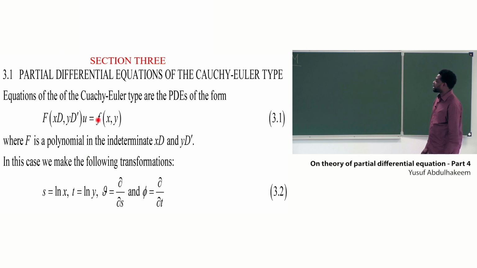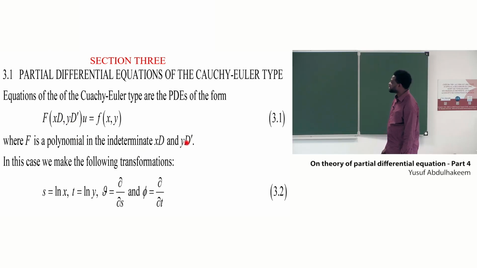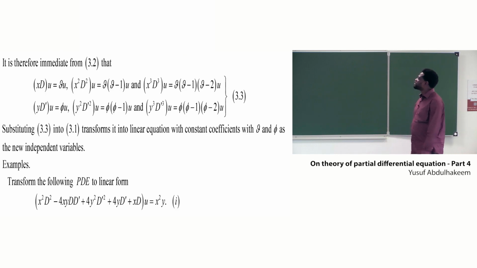You can see that the coefficient of the derivative here is x, and the coefficient of this is y. Once we have this kind of differential equation, we have to introduce some of these transforms that we have in here. We say s should be taken as ln x, t as ln y, theta as d/ds, and phi as d/dt. So we move on.